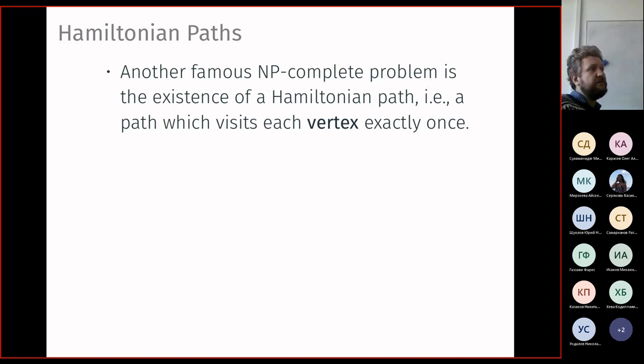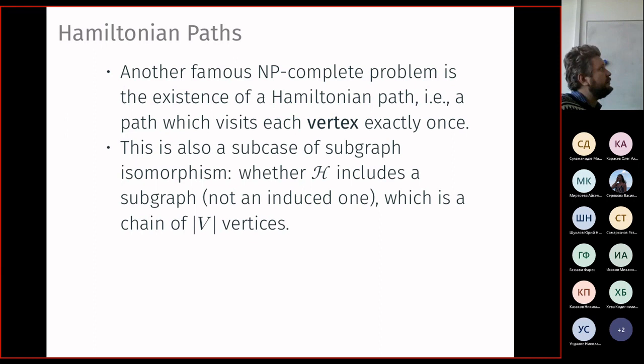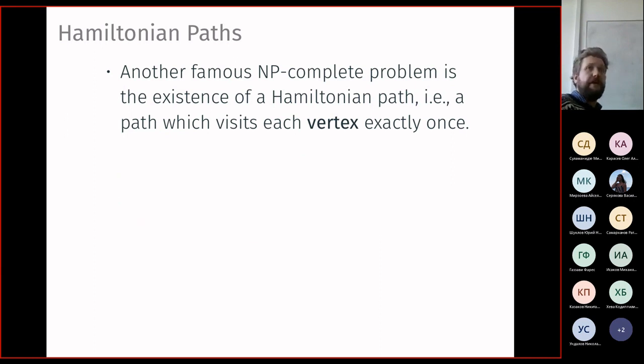So in this course, I think we shall not prove its NP-hardness, because there's also, again, an encoding of 3-SAT or CNF-SAT. So again, you should now, instead of, say, finding an independent set, encode your satisfying assignment as a Hamiltonian path in a specifically constructed graph.